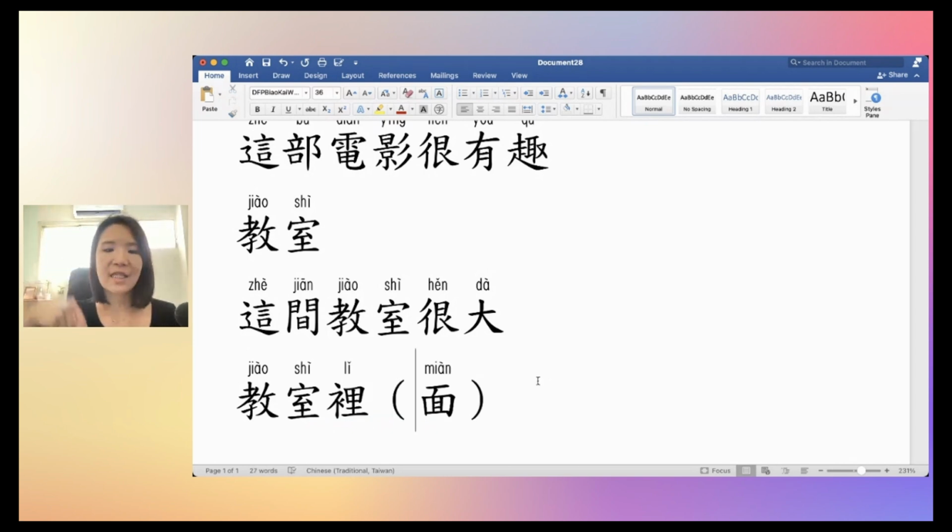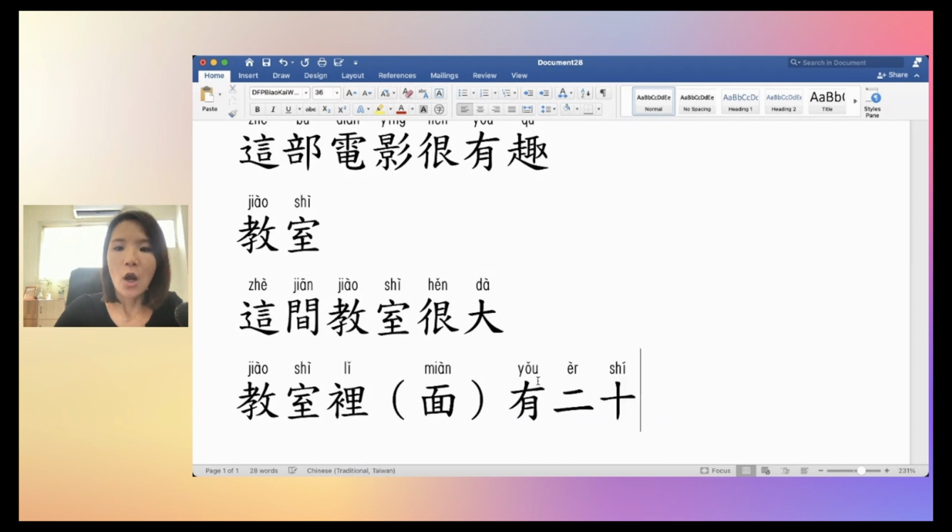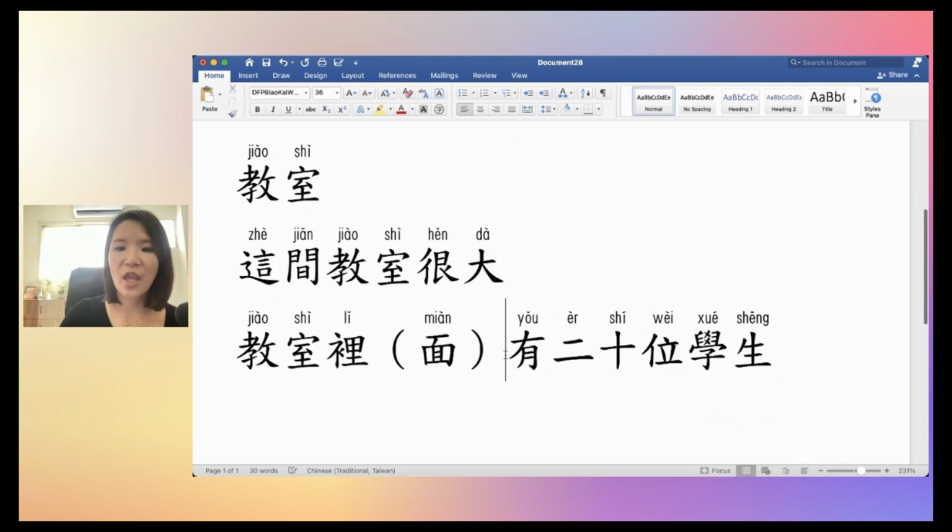里面, inside. 教室里面有20位学生. So there are 20 students in the classroom. Literally it is classroom inside have 20 students.